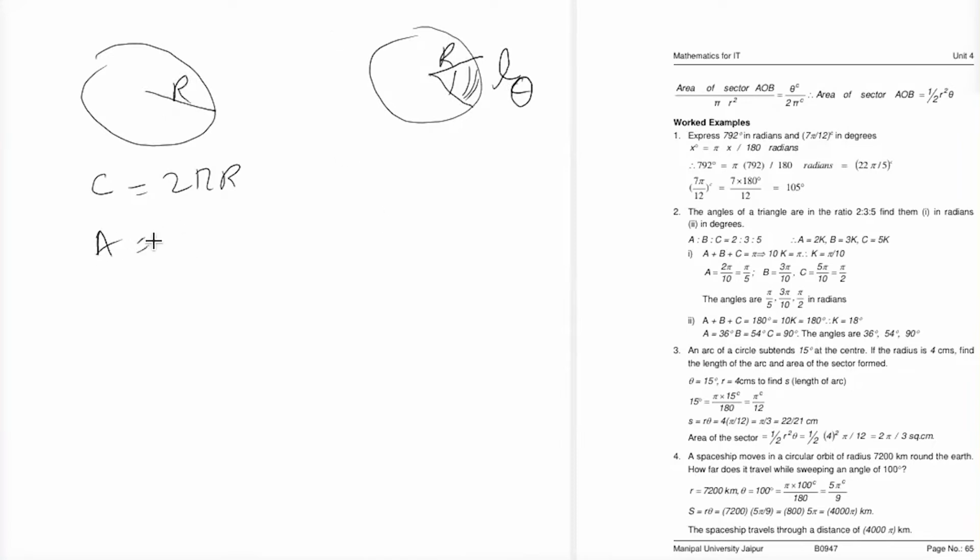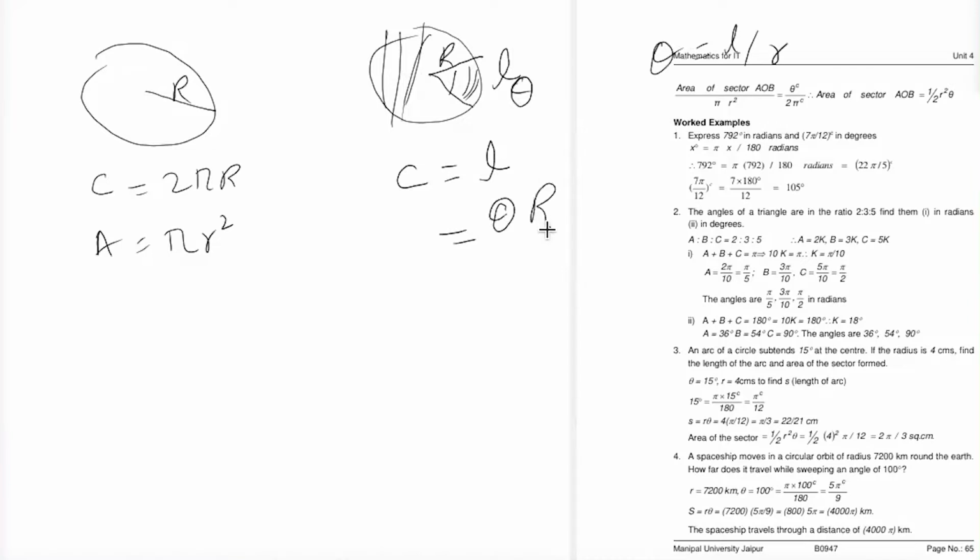Here area will be pi r square, and here the circumference is not actually the circle's, this is a sector, so here it is l. And what is l? If you use the formula theta equal to l by r, l is theta into r. Got it?